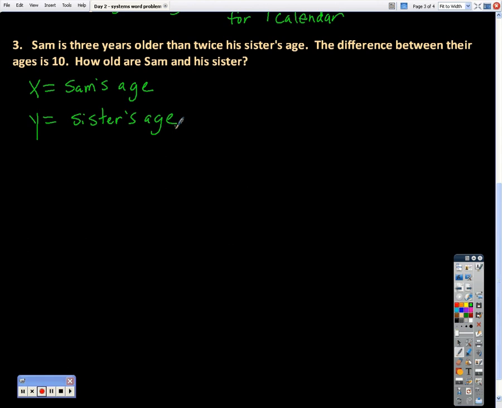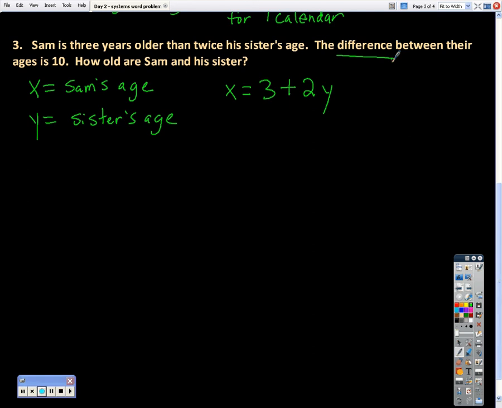All right. Whenever we see the word is, we want to remember that that's going to be equals. So Sam is, so x equals 3 years older than twice the sister's age. The difference, remember the word difference is the answer from subtraction, between their ages is 10.